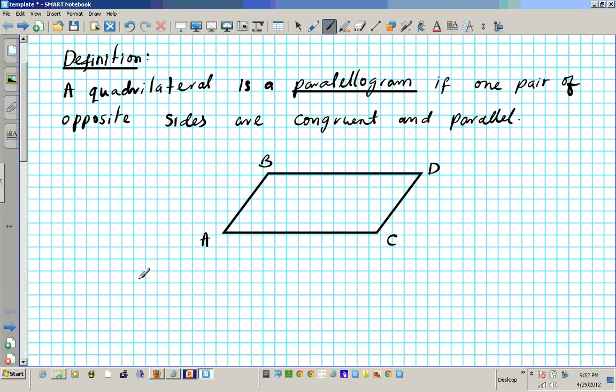So in symbolic form, we can say parallelogram. Let me rewrite my parallelogram symbol. So you can rewrite it as parallelogram A, B, C, D. A, B, C, D is a parallelogram. That's the symbol for parallelogram.